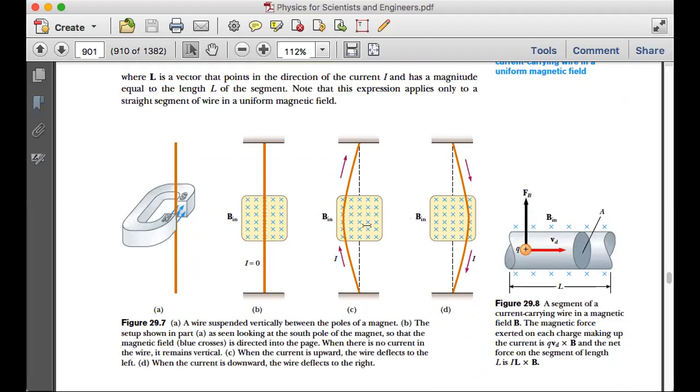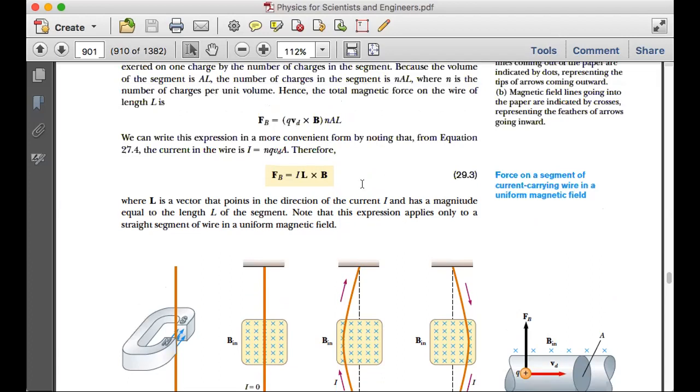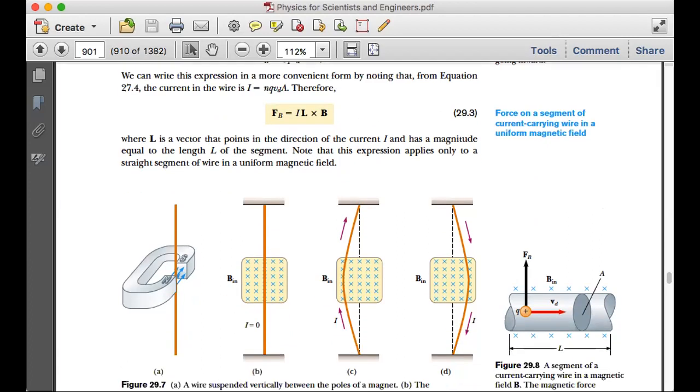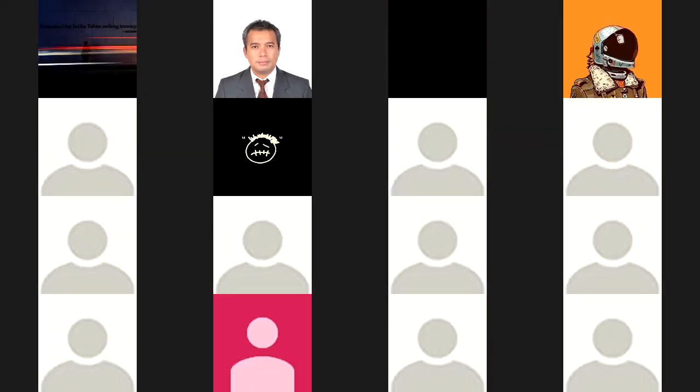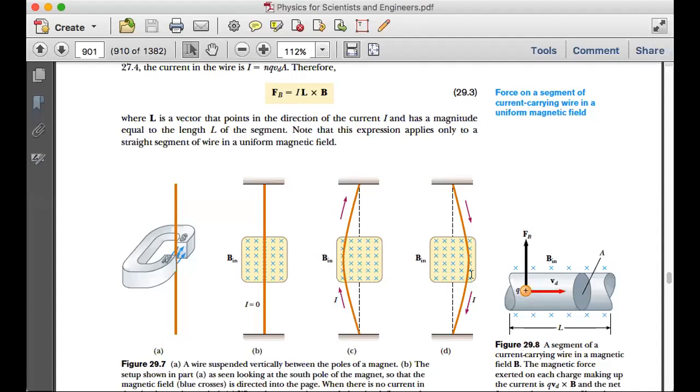So if you point the fingers in the direction of B, the direction of the force is to the right.